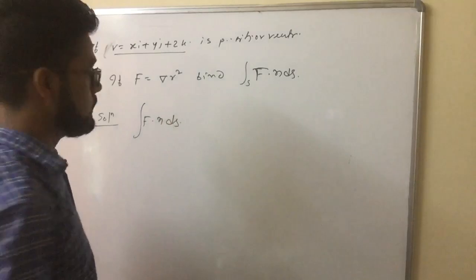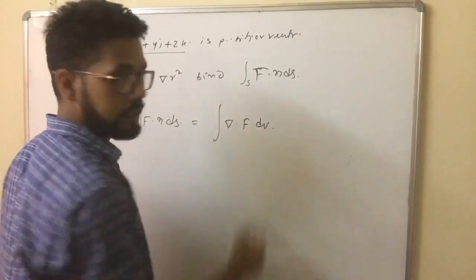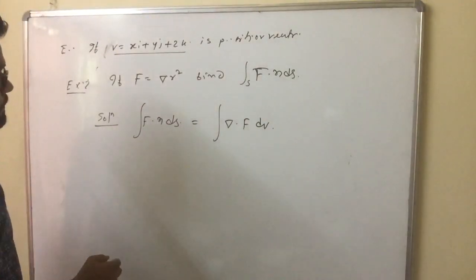The surface integral of F dot n dS equals the integral of the divergence of F dV. So you calculate the divergence.